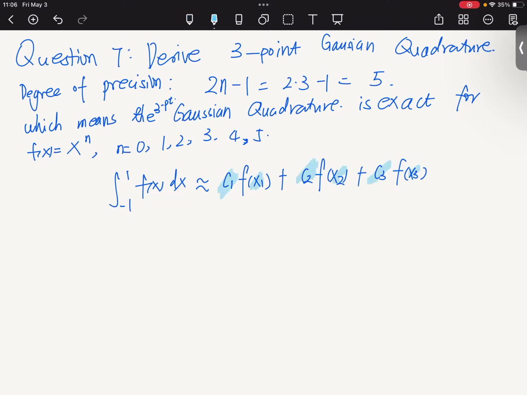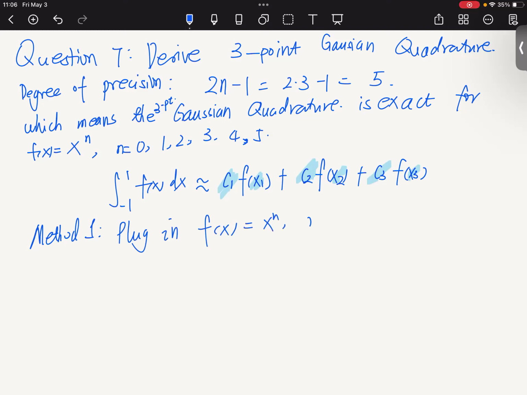Now for method 1, what you can do is plug in f(x) equals x^n, for n equals 0, 1, 2, 3, 4, 5.